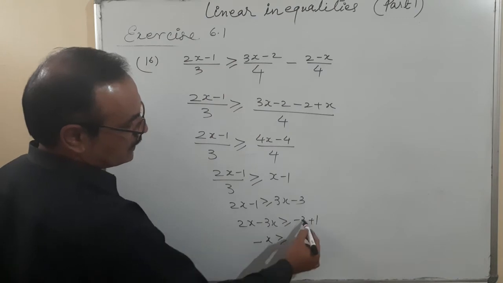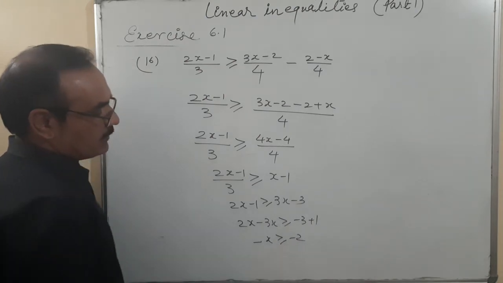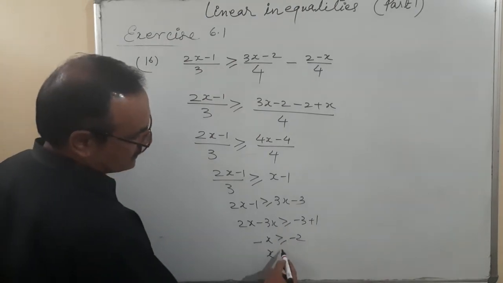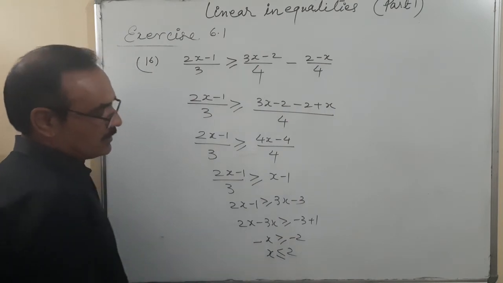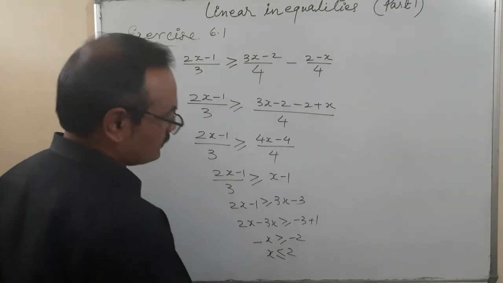Minus x is greater than or equal to minus 2, and multiplied by minus 1, so x is less than or equal to 2. So the value of x is less than or equal to 2.